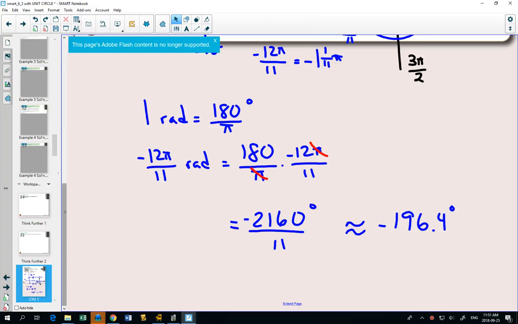The powerful thing about radians is the measure of a radian actually comes from the property of a circle. Because 1 radian is when the arc length is 1 radius. And it doesn't matter how big or how small your circle is, that measure is always the same. Degrees are an arbitrary number.